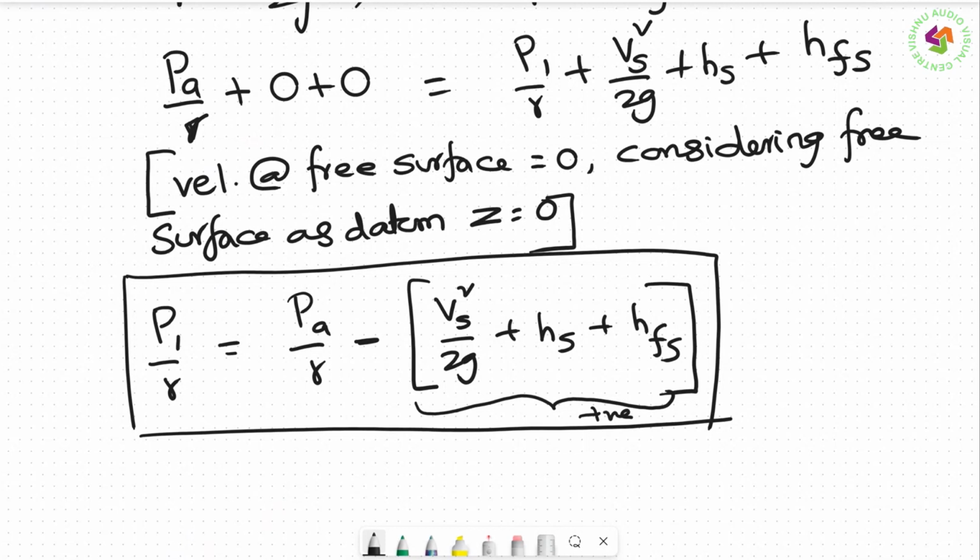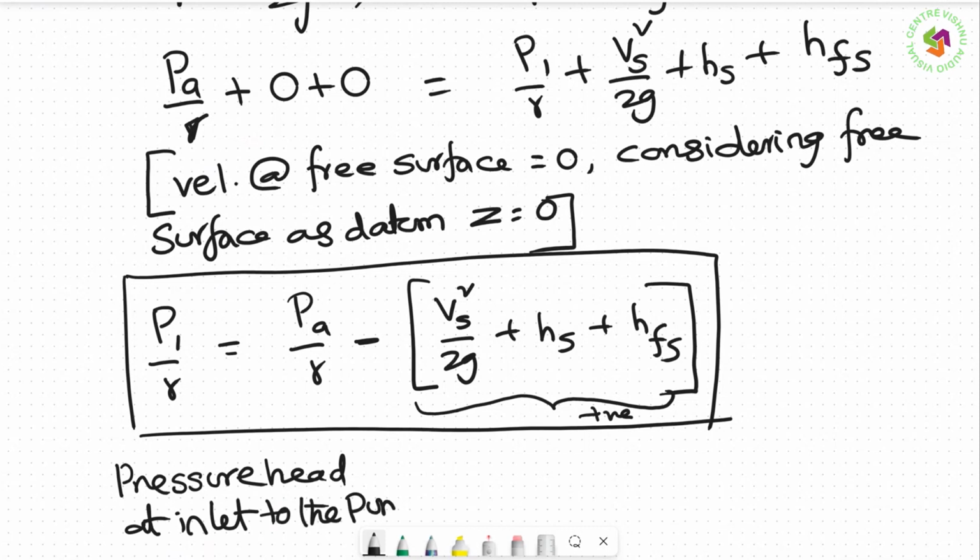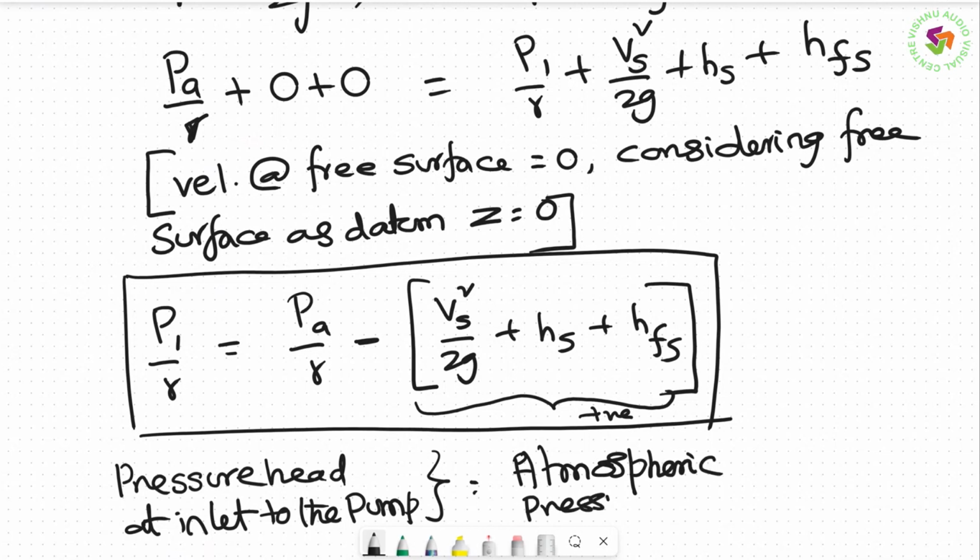So the pressure head at the inlet to the pump is equal to atmospheric pressure head minus all this.